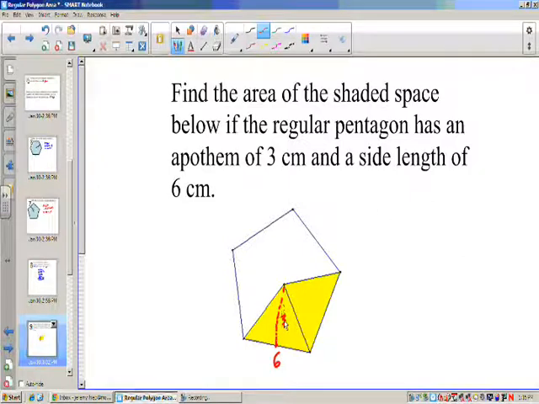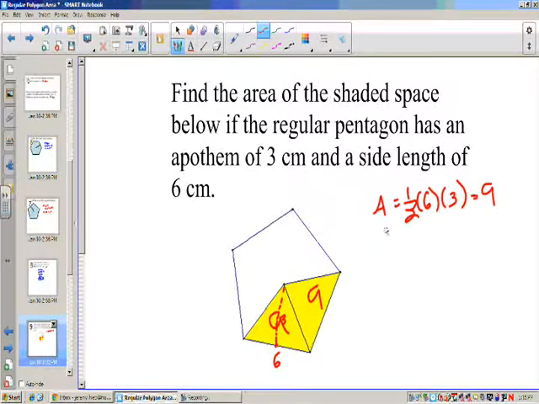So we could just find the area of this one section: 1/2 times 6 times 3, and that would be 3 times 3, which is 9. So this area is going to be 9. So the area of the shaded region is going to be 9 plus 9, which is 18 centimeters squared.